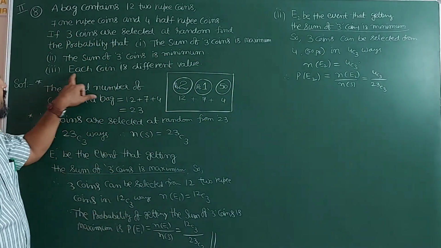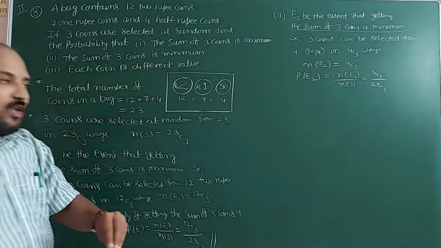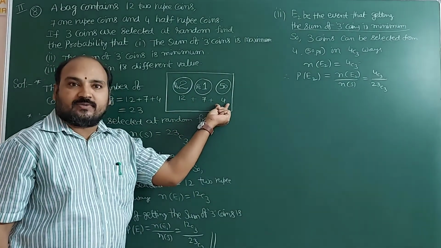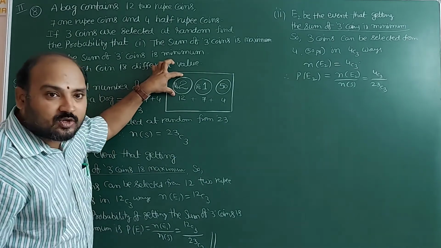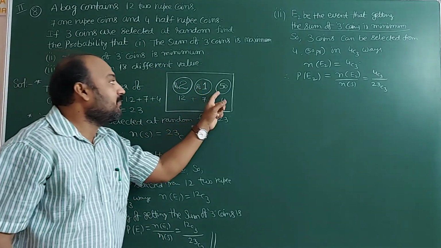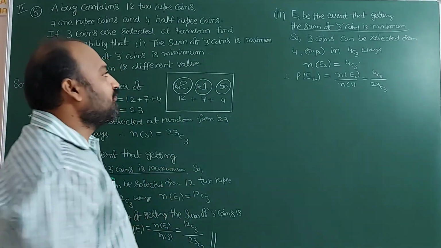So what is the third question here? Each coin is a different value. That means 2 rupees coin, 1 rupee coin, 50 paise. From 2 rupees coins, 1 we can select. From 1 rupee coins, 1 we can select. And from 50 paise, 1 coin.